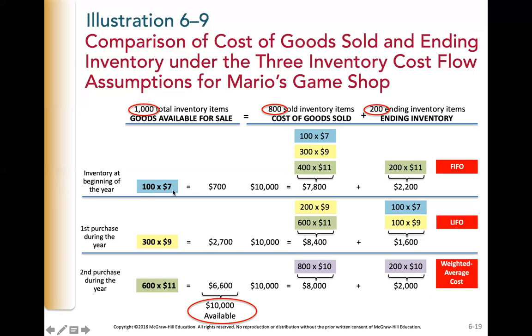Inventory at the beginning of the year of $700, first purchase equaling $2,700, and our third purchase equaling $6,600, which is how we got the $10,000 available for sale. So if you'll notice, even though we have the same information of total inventory items, total sold, and total ending inventory, we can get very different figures for cost of goods sold and ending inventory.